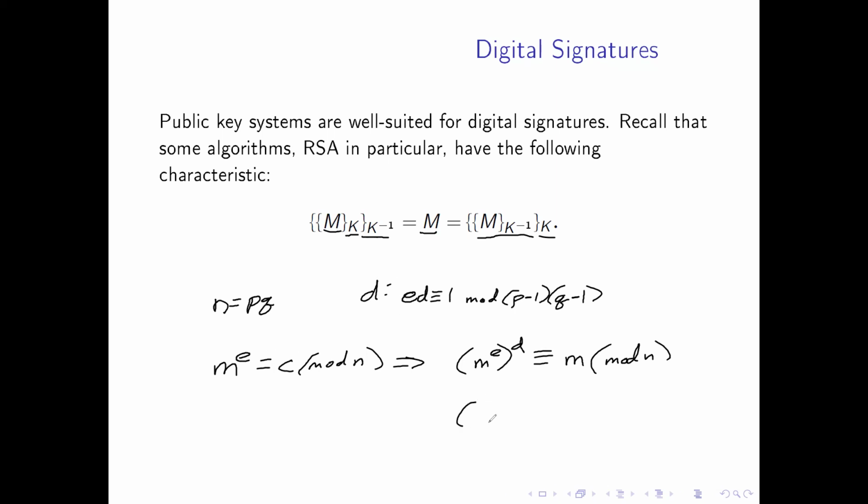On the other hand, remember, this is my ciphertext. So that's one way to think about this whole idea. To flip it a little bit, if I take my original message and raise it to the D power, and then raise that to the E power, it would still give me M back mod N. Because raising it to the D power and raising it to the E power are inverse functions of each other.